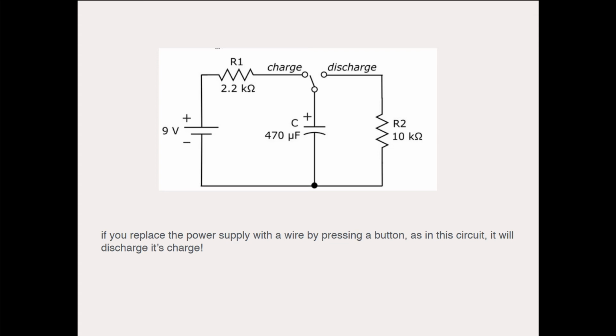If you replace a power supply with a wire, by pressing a button, as in this circuit, it will discharge its charge. So this will effectively discharge the capacitor whenever you push the button.